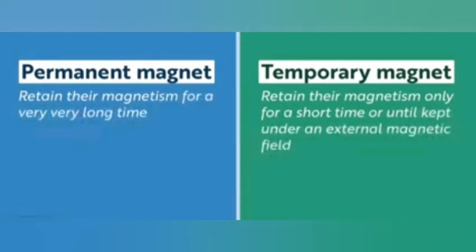One is a permanent magnet, another one is a temporary magnet. What is the difference between the two?